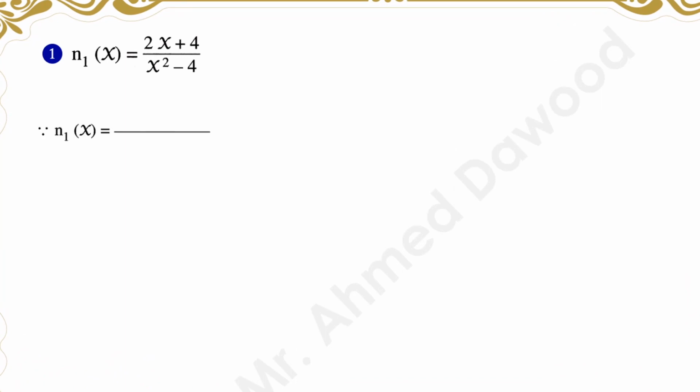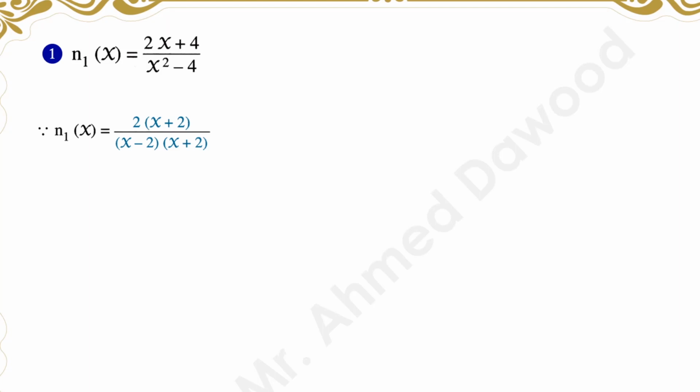First, I will look at the numerator. The numerator has HCF 2. I will take 2 and write the expression as 2 times (x + 2). The denominator is a difference between two squares, so I will factorize it as (x - 2) times (x + 2).